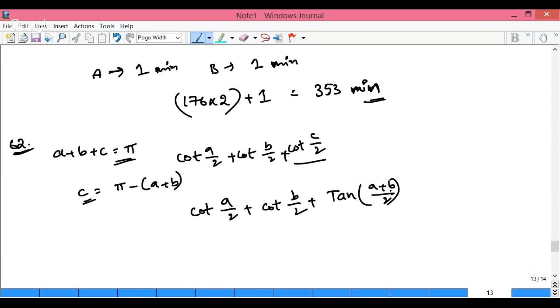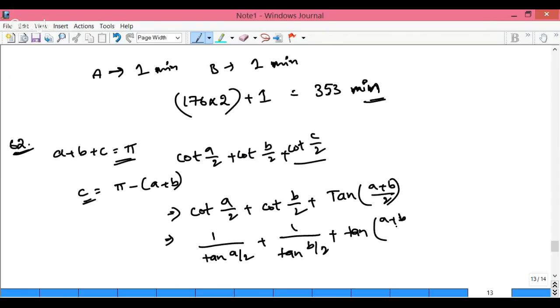Write cot A by 2 as 1 by tan A by 2, plus cot B by 2 as 1 by tan B by 2, plus tan of (A plus B) by 2.